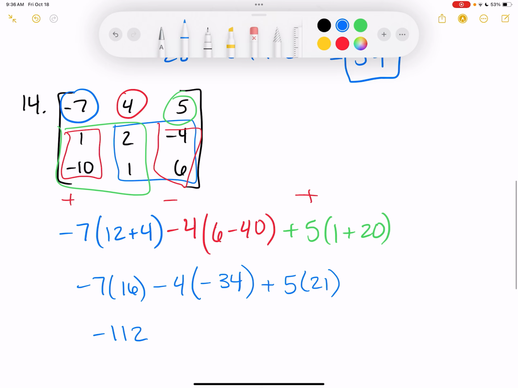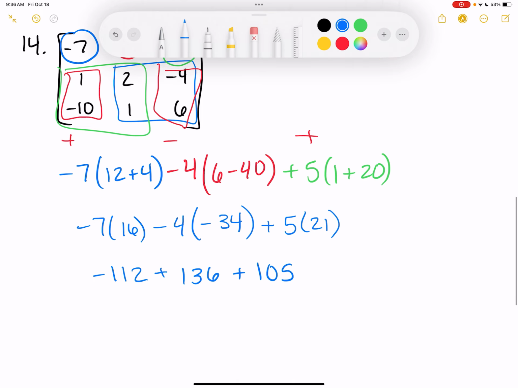Negative 112, plus 136, 105. So then it was 129.